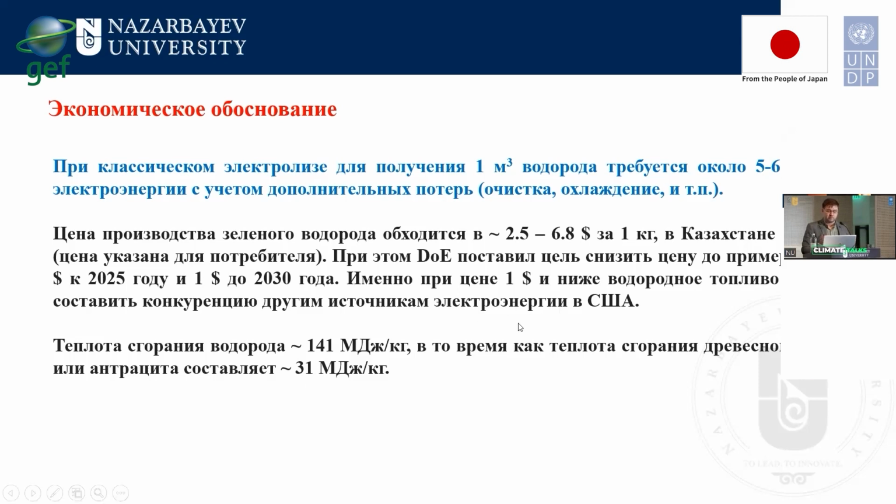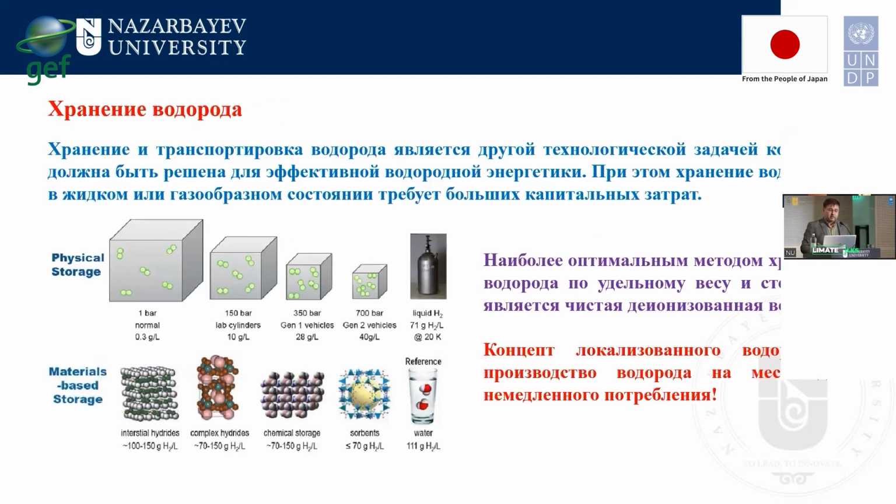And if we consider that our coal is not always the best, approximately we need to burn around 5 kilograms of coal to get a similar amount of energy as with 1 kilogram of hydrogen. So, as for the economic rationale, the lower the price for hydrogen is, the better it is for us. And then let's move to the next question.